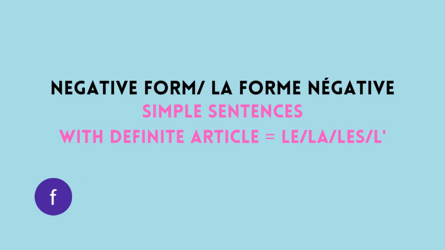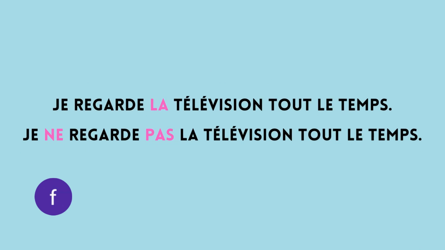Now that we have looked at transforming a very basic sentence into a negative one by adding ne and pas, and n apostrophe and pas, and whether or not the H is silent or aspired, let's have a look at sentences that have a definite article after the verb, such as le, la, les, l'apostrophe.